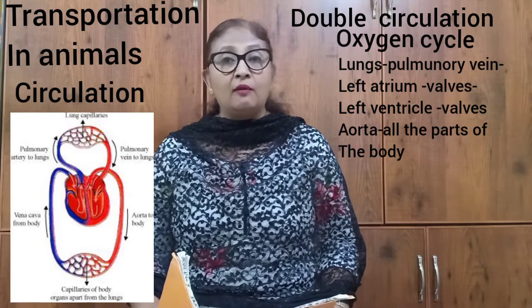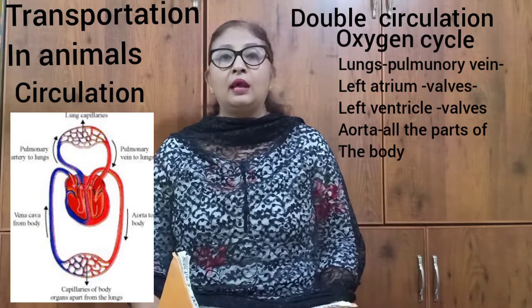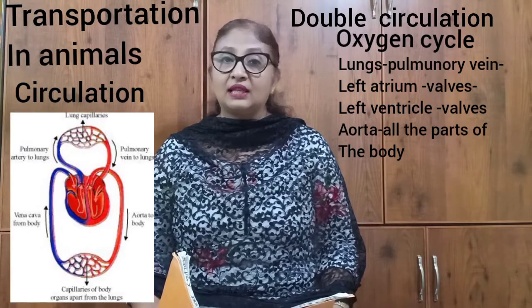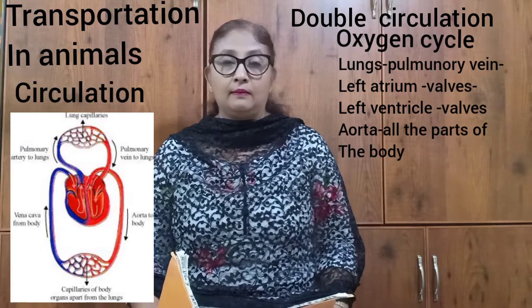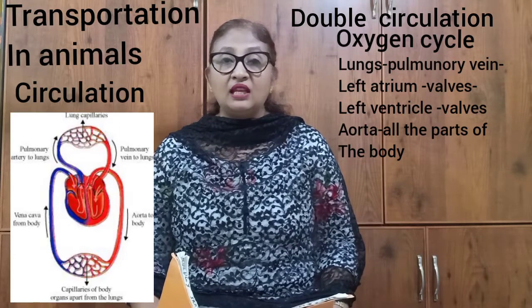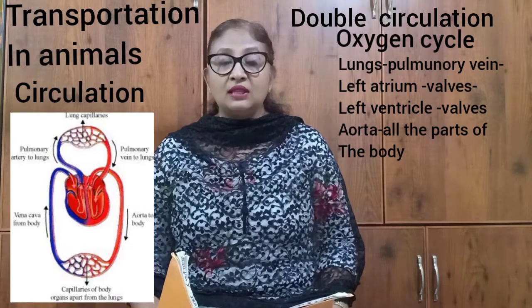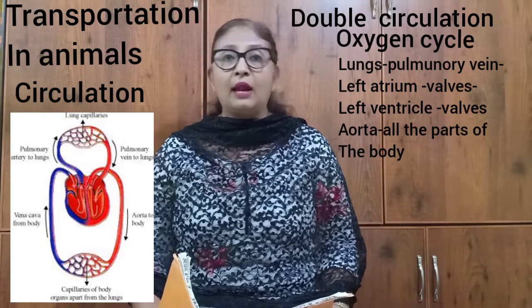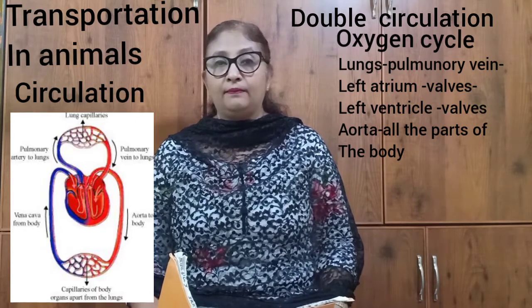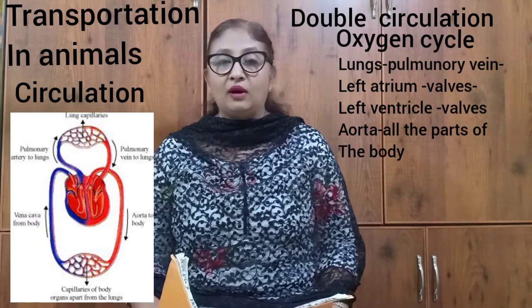Now, blood from the lungs is brought into the left atrium by the blood vessel known as pulmonary vein. Here you should know that it is known as pulmonary vein because it brings in blood, though it carries oxygen-rich blood. With this, the oxygen cycle is over.